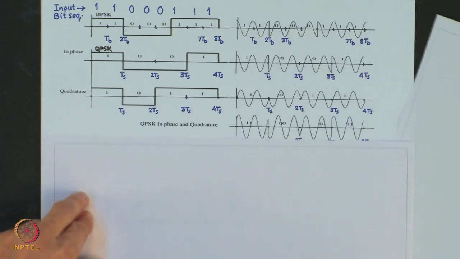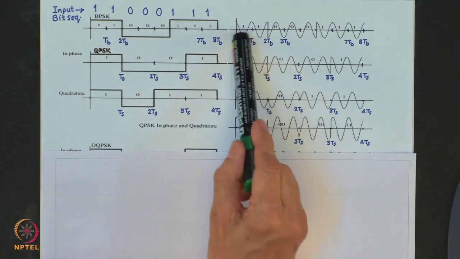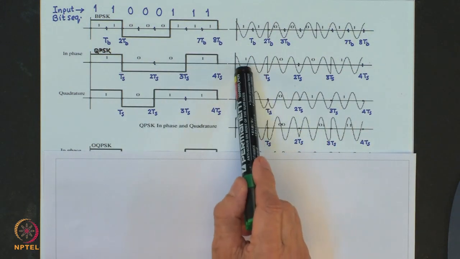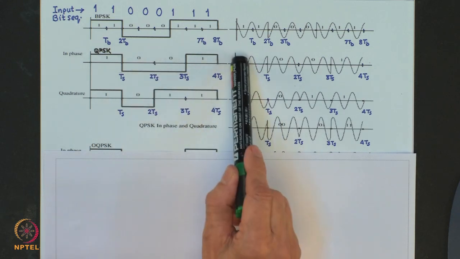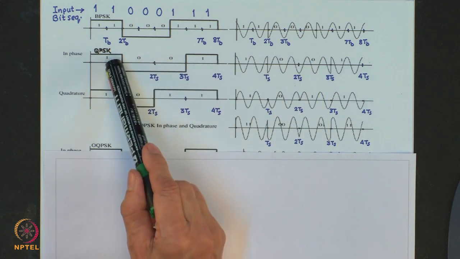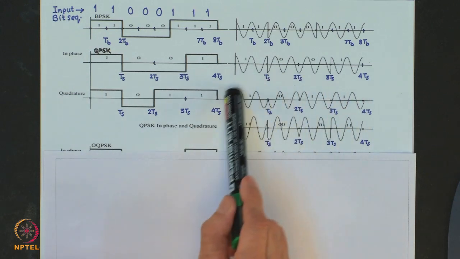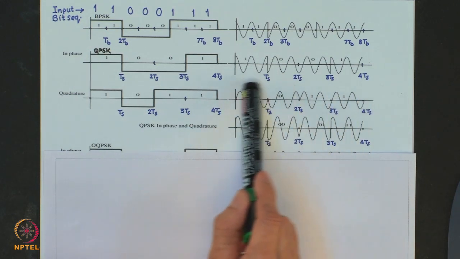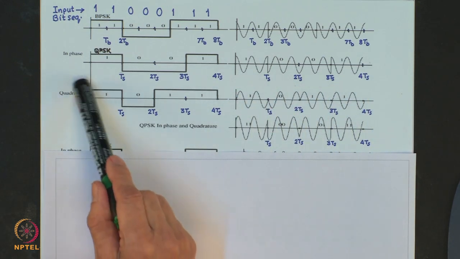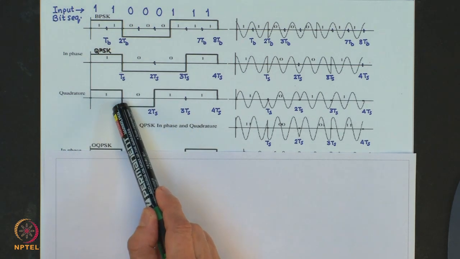So, the modulation is as shown in the figure here. This is a BPSK modulation and this is the modulated signal which we get from the in phase part of the QPSK, and this is the quadrature component of the QPSK signal, where the quadrature component has modulated sin 2 pi FCT.